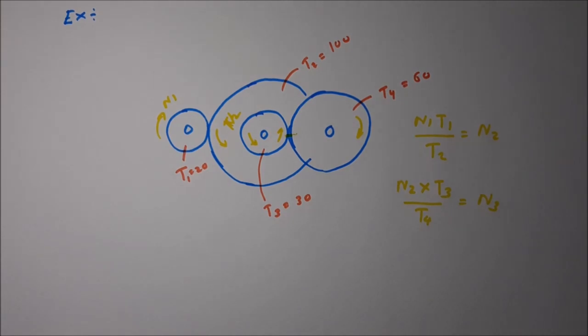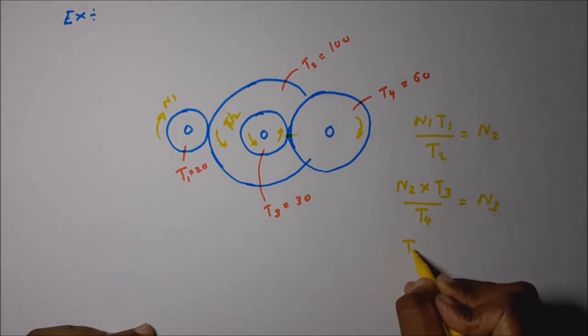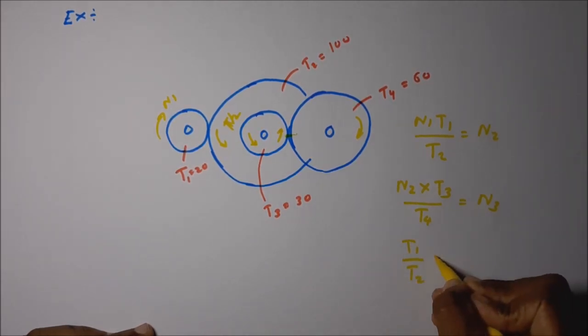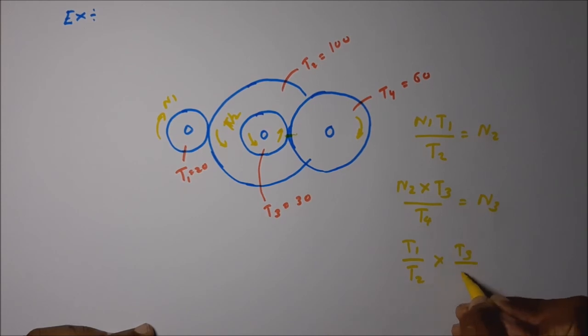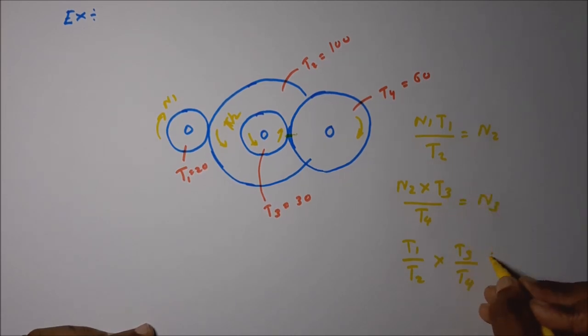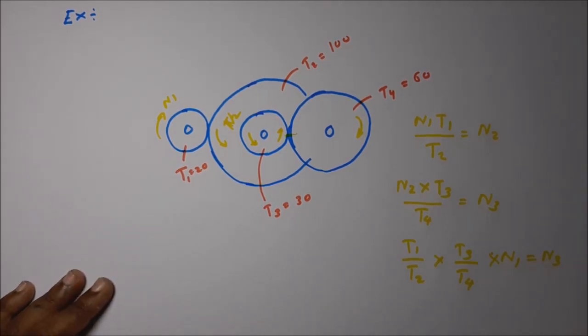Okay, N3. So then by connecting these two equations, T1 into T2 into T3 divided by T4 into N1 is equal to N3. Okay, this is the equation we finally get.